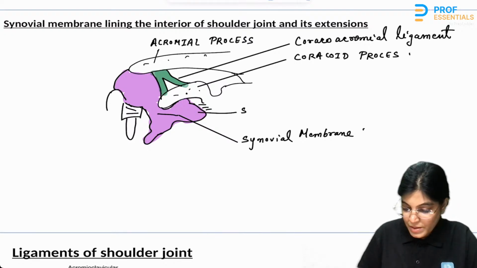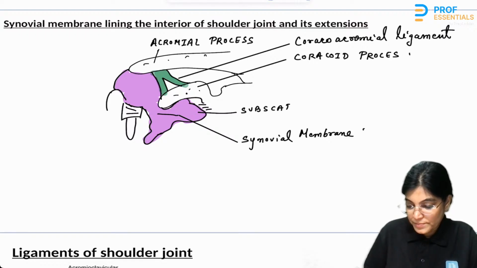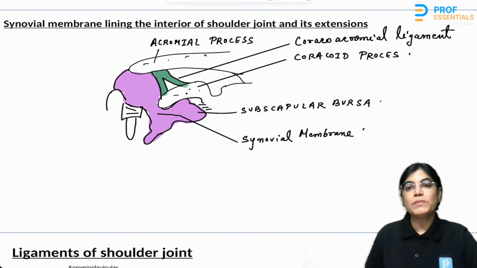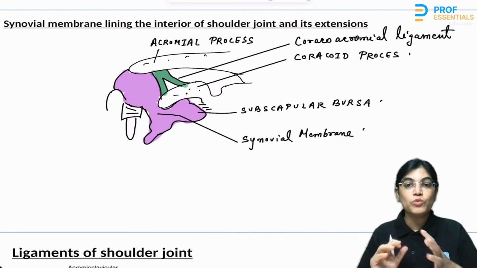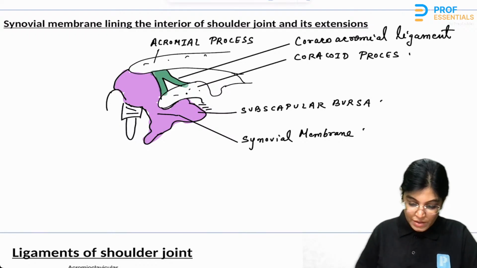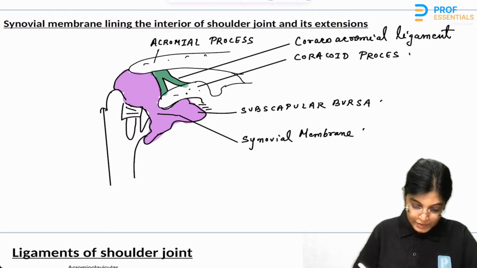This is subscapular bursa. Okay, bursae are around the muscles and joints to give smooth coordinated movement and lubrication. And lower down, this is the outline for the humerus bone only.